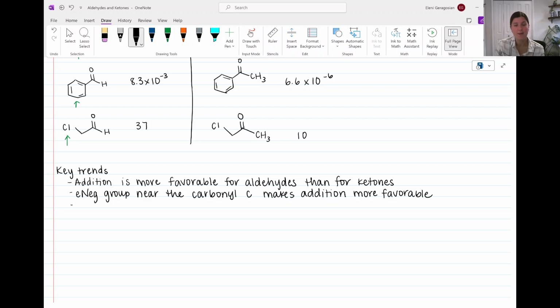And then the opposite, if we have an electron donating group near the carbonyl carbon, that makes addition less favorable.